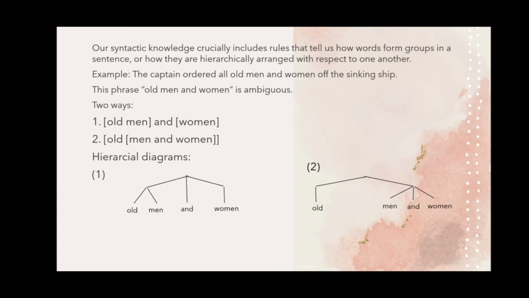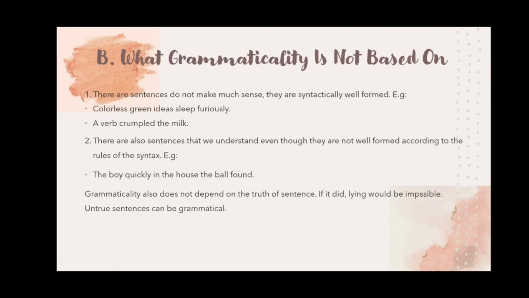And the second way is the adjective old modifies both man and woman. And then there are two hierarchical diagrams to illustrate the same point. In the first structure, old and men are under the same node and hence old modifies man. In the second structure, old shares a node with the entire conjunction man and woman, and so modifies both.